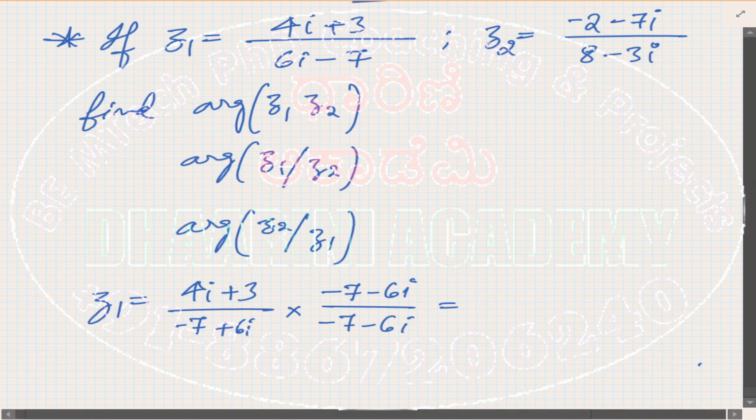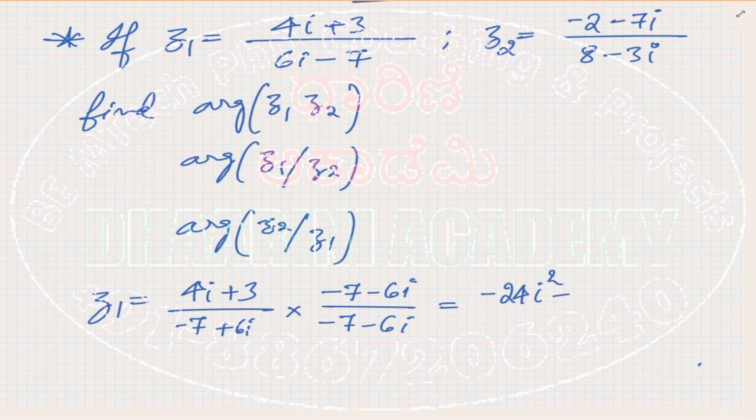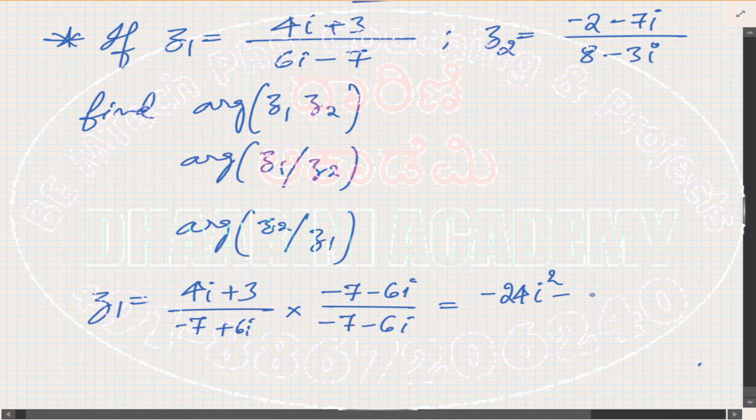Now can you multiply? What is the numerator? Minus 46i minus 21 whole divided by, this is minus 7 into minus 7, 49 minus i square is also minus, so plus 36.